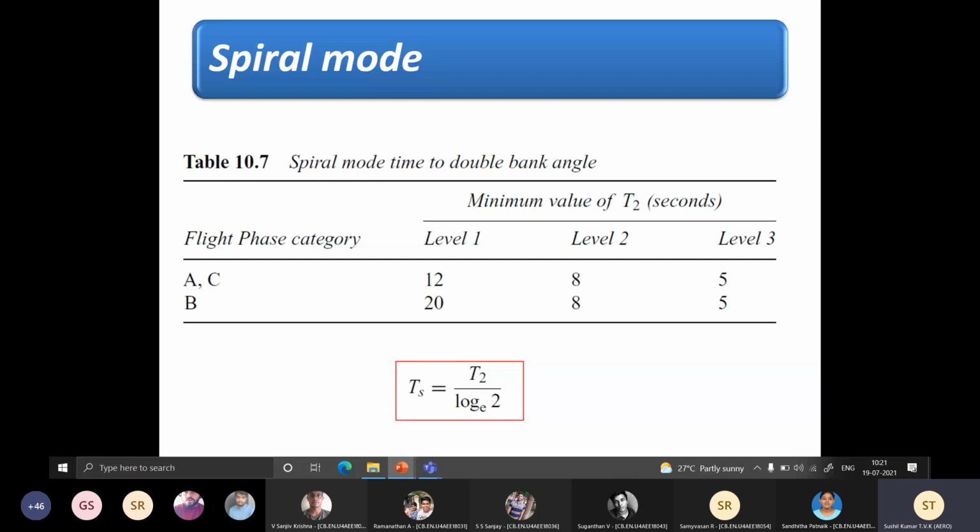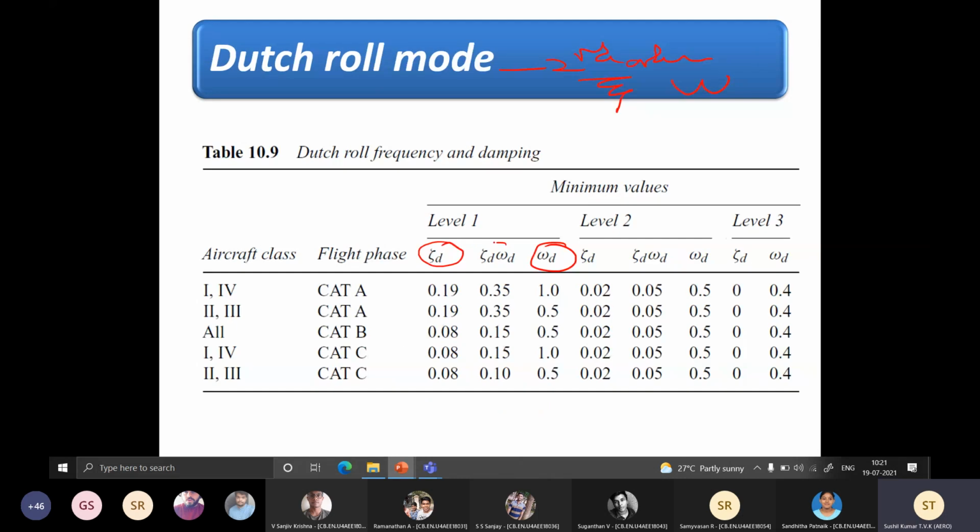Spiral mode again is first order. Dutch roll, naturally, you require zeta and omega. That's why you will have this zeta d, okay, and omega d. There is some purpose for the zeta d, which we'll see later.